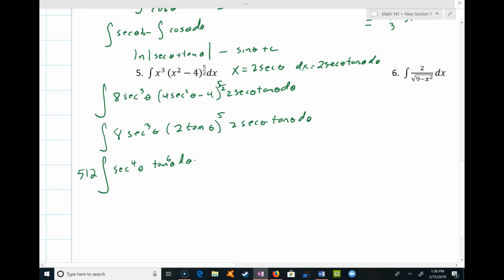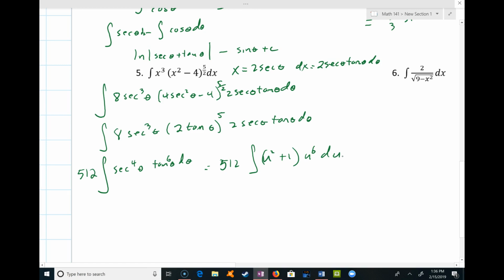So if we pull out secant squared for the du, we're going to end up with 512, the integral of u squared plus 1 times u to the 6th du.